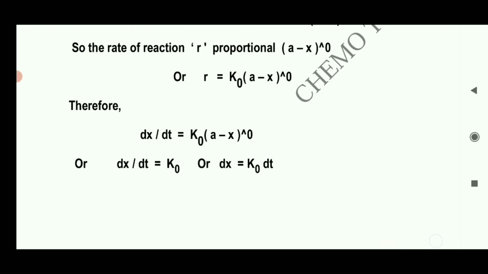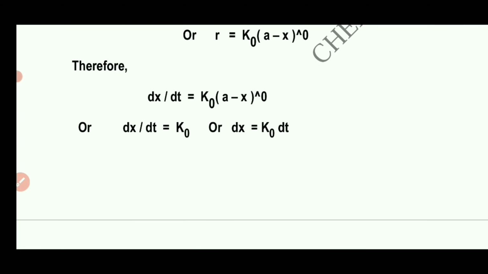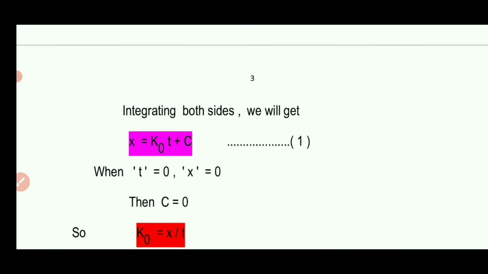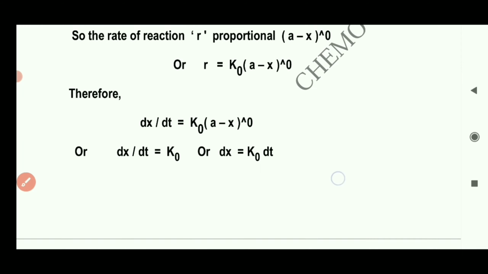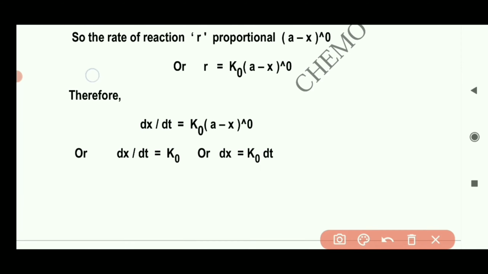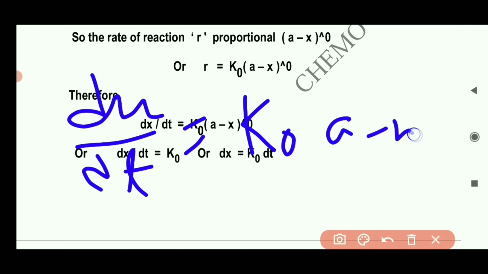So dx by dt is equal to k0, or dx is equal to k0 into dt. Integrating both sides, we will get x is equal to k0t plus c. So friends, let's integrate this. Here dx by dt is equal to k0 into a minus x to the power 0.